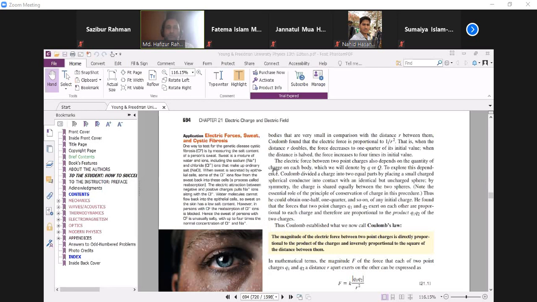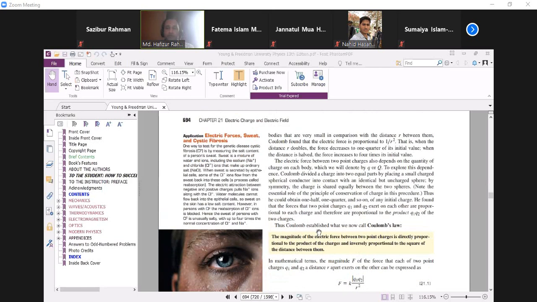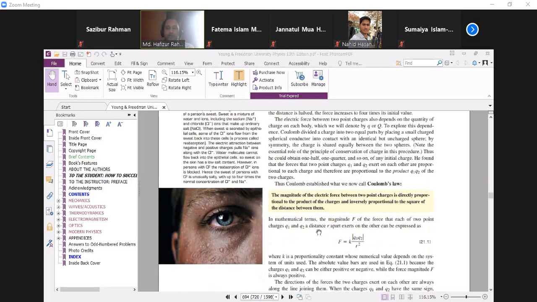So this is chapter 21, electric charge and electric field, and page number 694. Here I will discuss the Coulomb's law. So this is actually very simple and quite similar to Newton's law of gravitation.